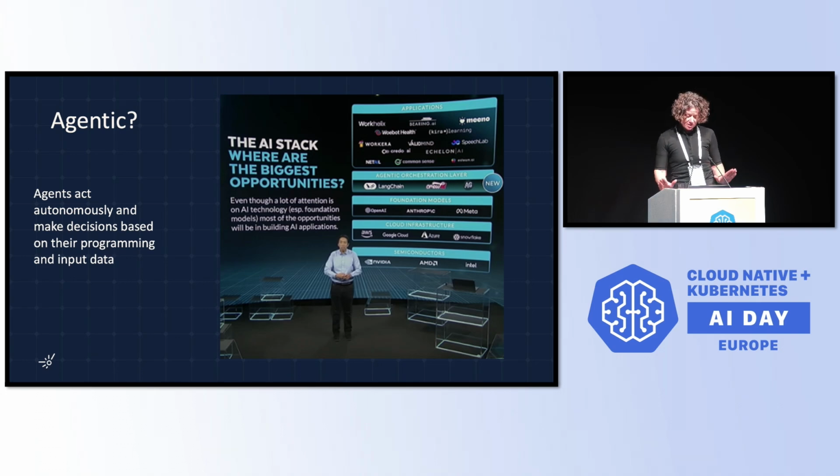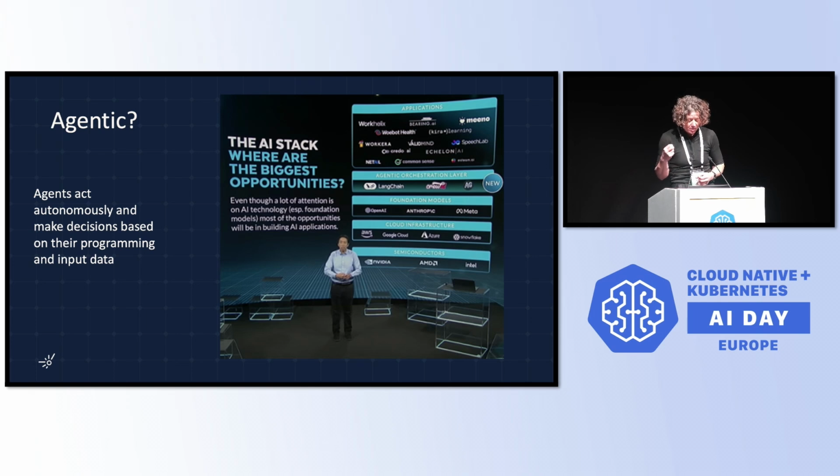A little bit of context. What are agents and what is Agentic? A few other folks have mentioned these things earlier today, so let's make sure that we're set here.